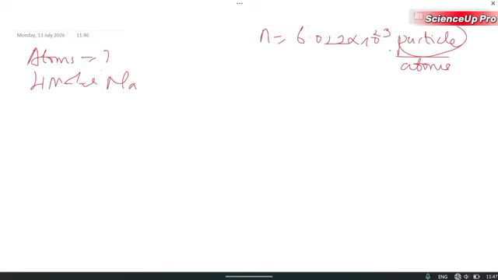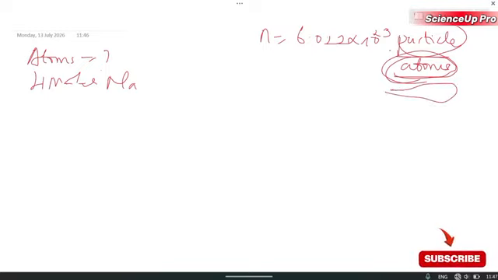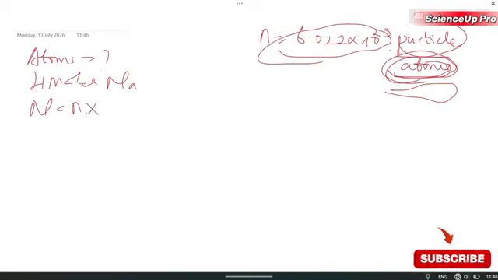So if you are being asked to look for either the number of atoms, the number of molecules, or the number of ions, you will use the same formula, but your answer is going to be in terms of atoms. So number of particles is equal to number of moles times Avogadro's constant, but your number of particles here you are going to convert to atoms.